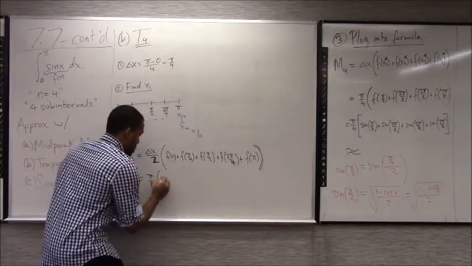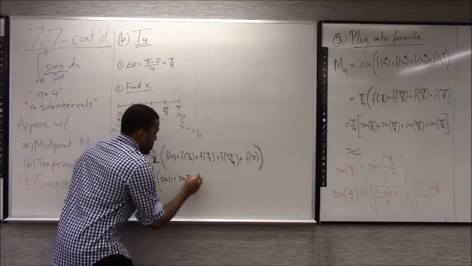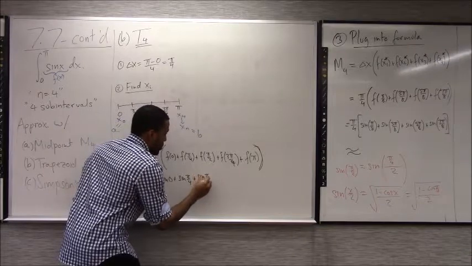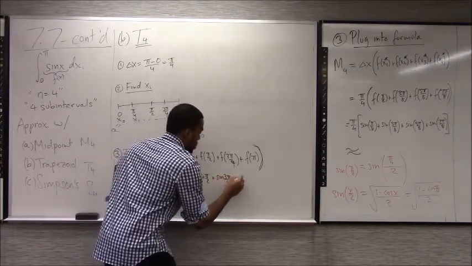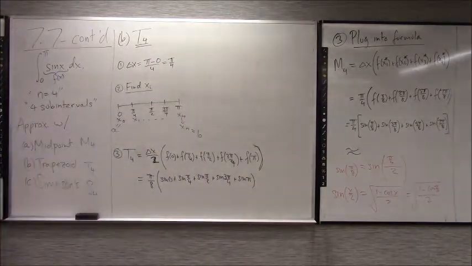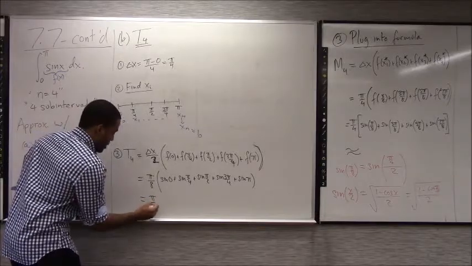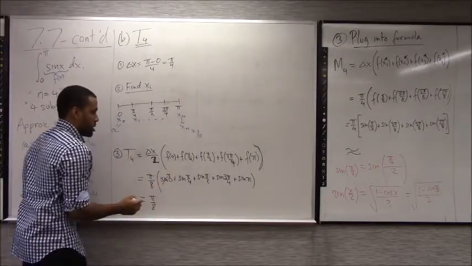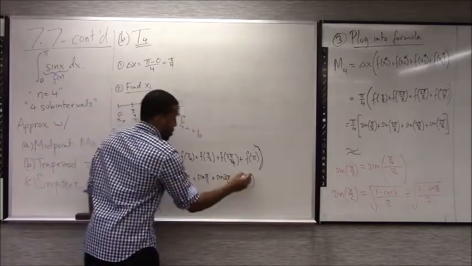Let me just write it down now. Sine of 0 plus sine of pi over 4 plus sine of pi over 2 plus sine of 3 pi over 4 plus sine of pi. These are actually not so bad, so let's just do this. Sine of 0 is 0. Sine of pi would also be 0.